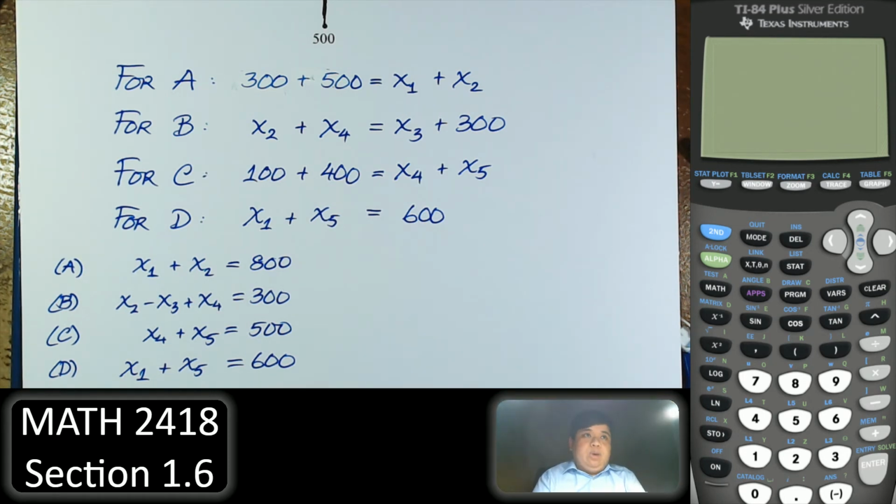Right, put that in the matrix and then do reduced row echelon form.